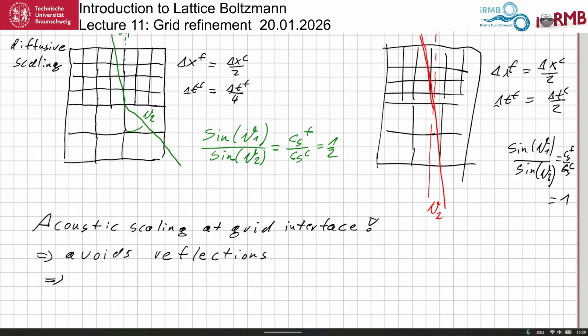Refraction, okay, so it avoids refractions and reflections, both. So I'm more concerned about reflections, actually. That's because, okay, maybe refraction is also a bad thing.